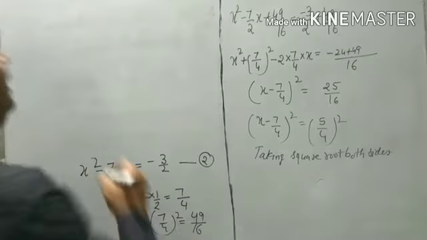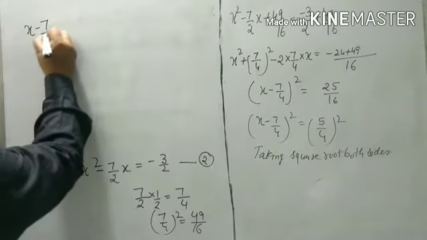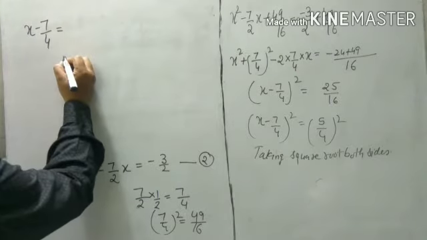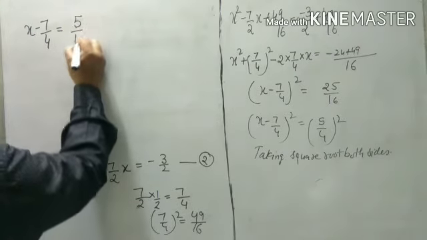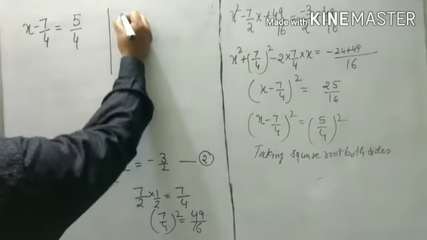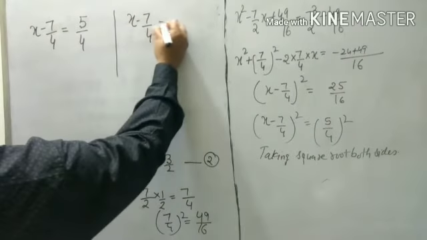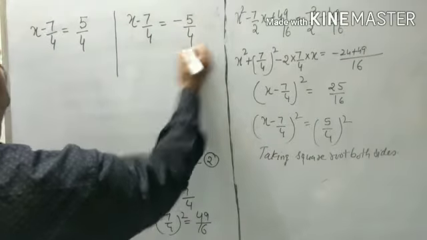Now x minus 7 by 4 will be equal to, one time we will take plus 5 by 4, and next time we will take minus 5 by 4.